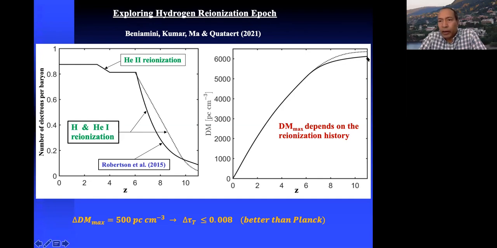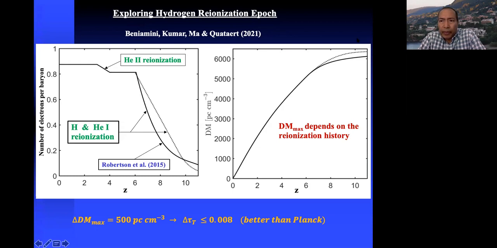And once we are past that, at high redshift when the universe is neutral, then we have no electrons, and the number of electrons between the source and us plateaus. And that's what we are seeing here. At high redshift, there is this plateauing due to the universe becoming neutral.